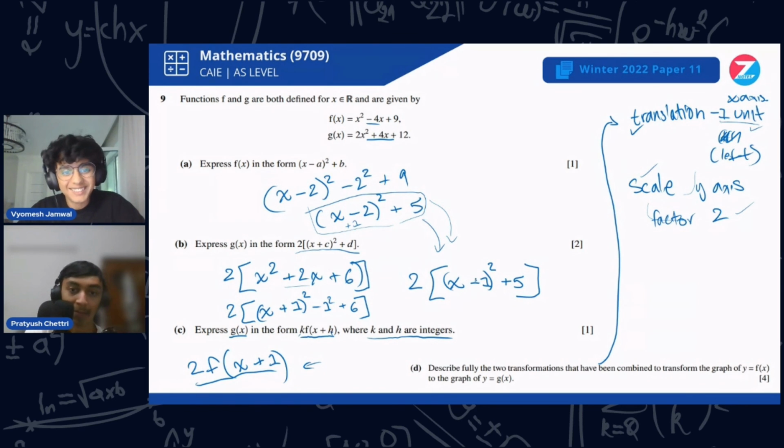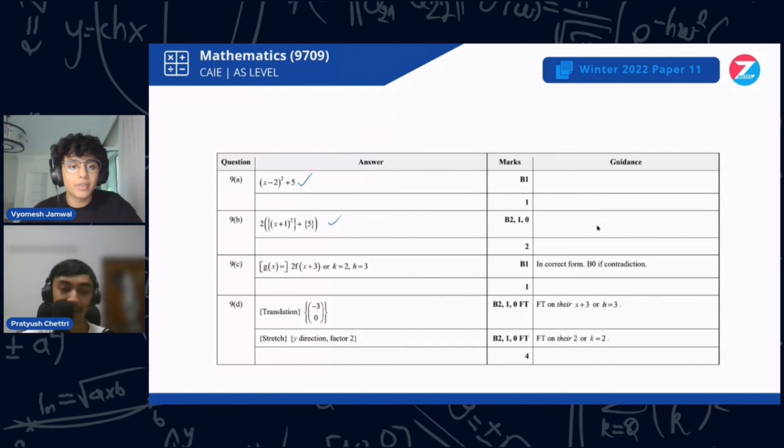This should be a plus 1. That explains it. So this should have been an addition of 3, which means the translation is indeed of 3 units. Nice. And that explains the mark scheme. So it'll be minus 3 units to the left and a stretch by a factor of 2 in the y direction. Yes.